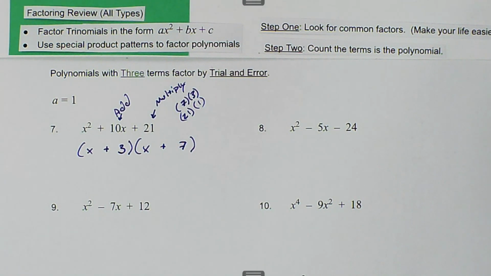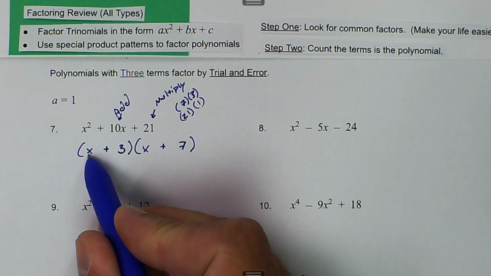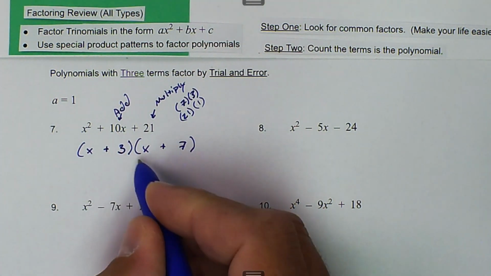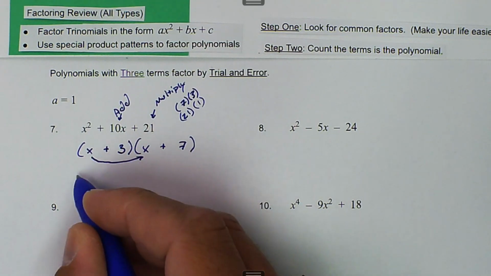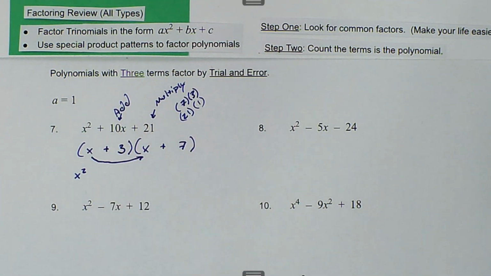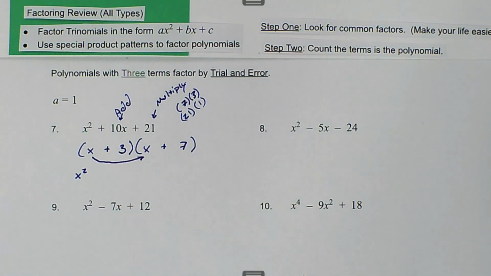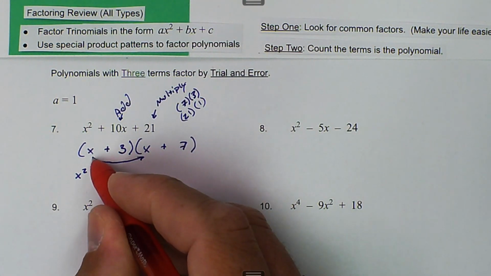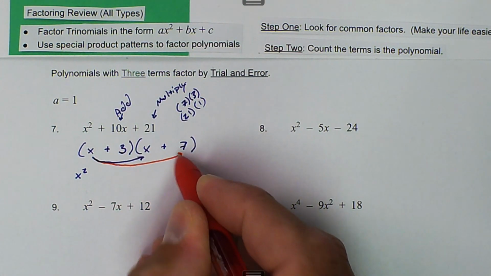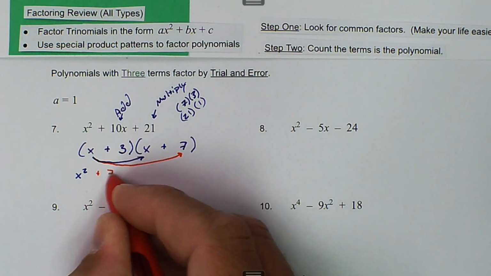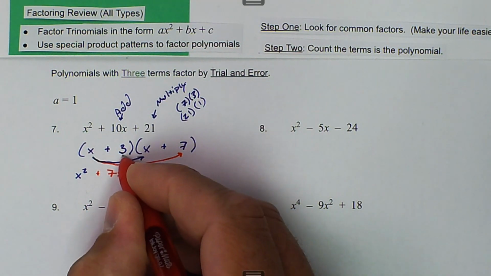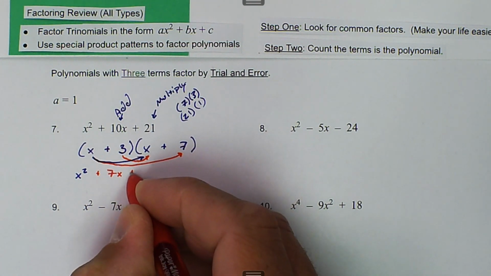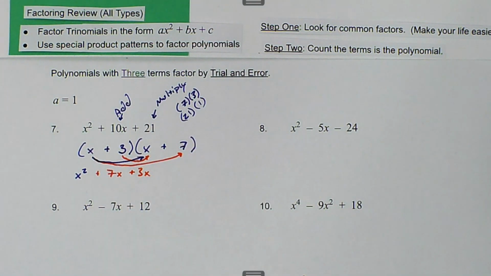Now we can check our answer to make sure that we did it correct. So we have to distribute the binomials together. So x times x is x squared. X times 7 is 7x. 3 times x is 3x.